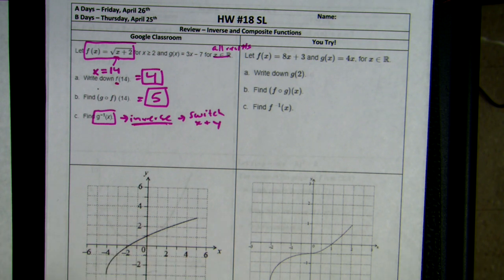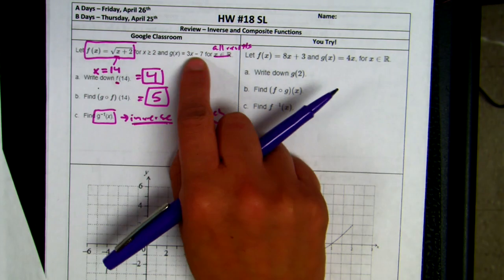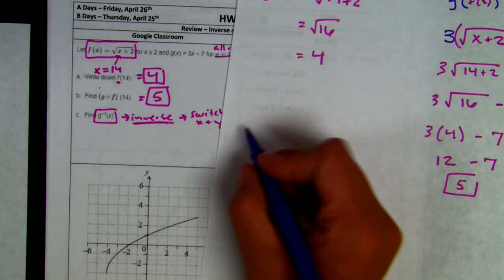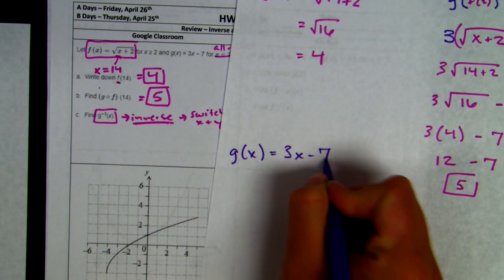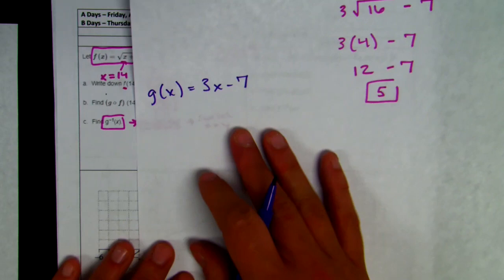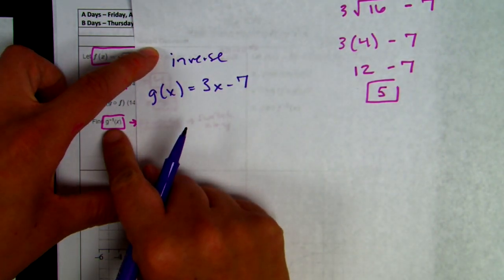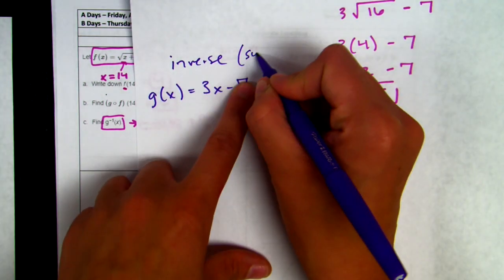I'm working with my g function, so I've got g of x is equal to 3x minus 7. I need to find the inverse because that's what this notation means. Well, inverse means switch x and y.